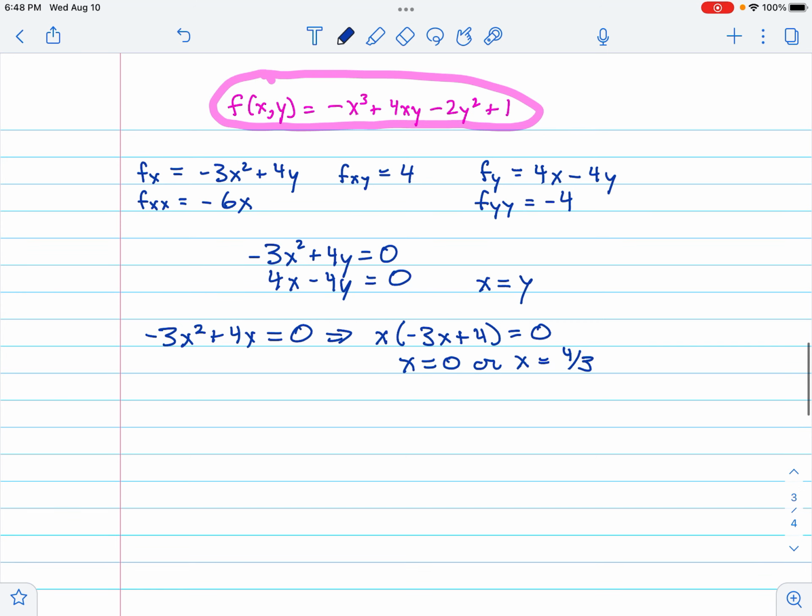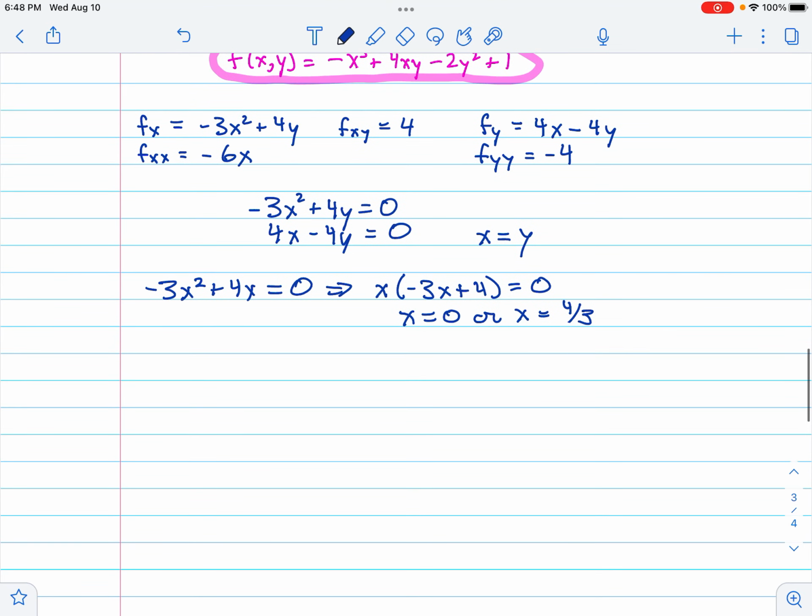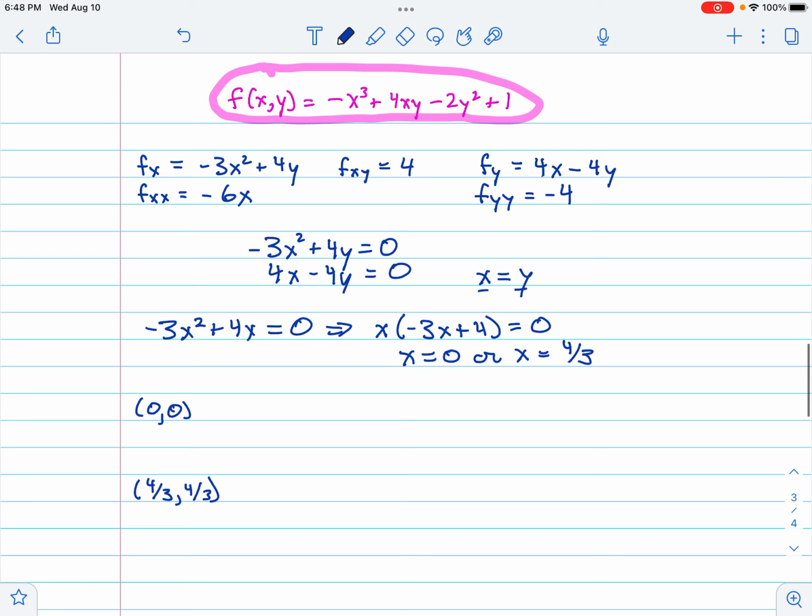Since x is equal to y, we've got these two critical points, (0, 0) and (4/3, 4/3). These are candidates for maxes and mins.